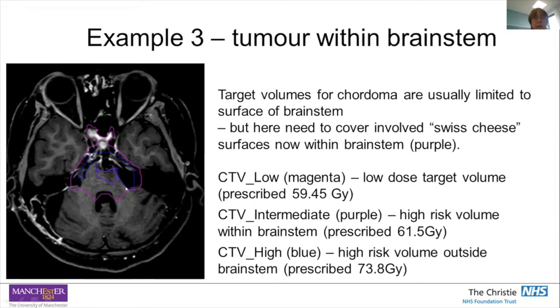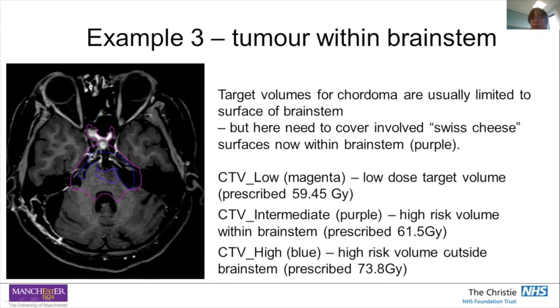In magenta, we have this low dose target volume that we're trying to give 59.45 gray to. In dark blue, we have our standard high dose target volume, which is hugging the surface of the brainstem, but we've then generated this additional volume that we can't give the very high dose to because it's internal within the brainstem, but we'll try and give an intermediate dose to.